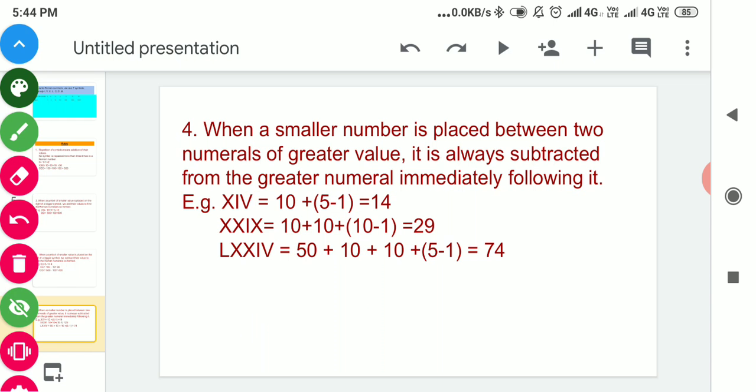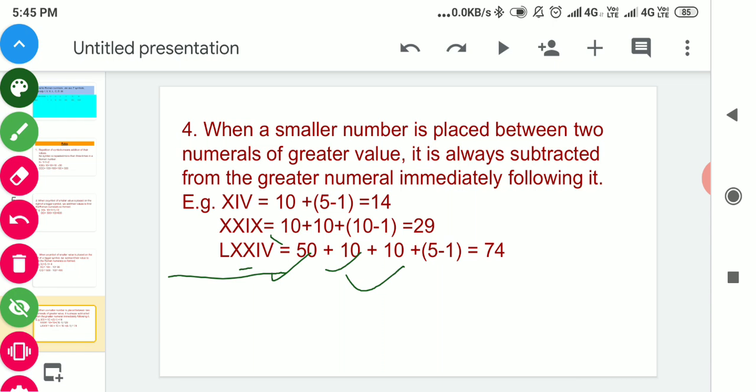Let us take another example. LXXIV. L after that given X means L is the bigger value and X is the smaller value. So according to rule number 2, we will do addition. Now after that X, again X is given. Because the value is repeated, according to rule number 1, we will do addition here. Now we can see IV is given.